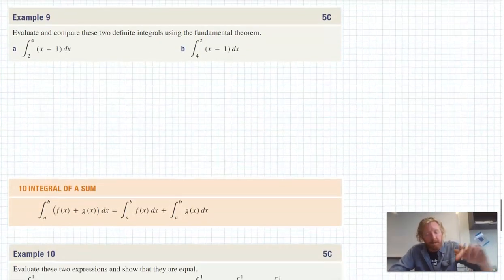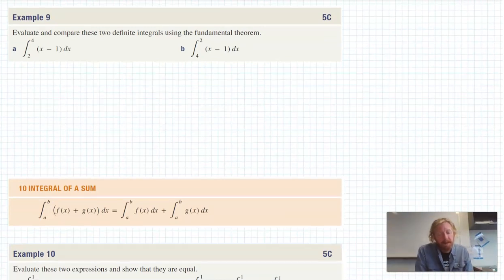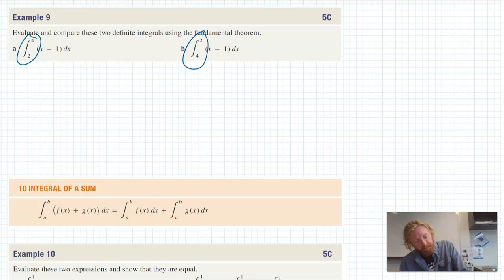Next, and then I think we might be done. Evaluate and compare these two definite integrals using the fundamental theorem. Straight away, I can just see that one's going to be the negative of the other. Integral of 2x minus 1 dx.